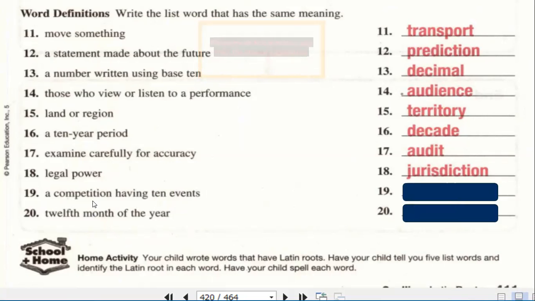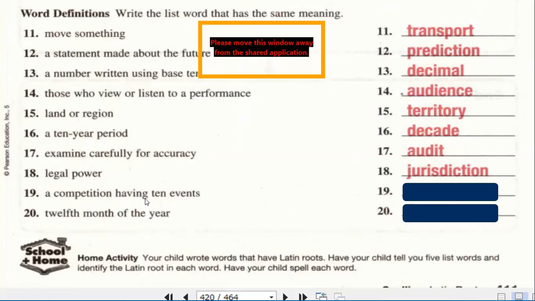Mister, can I answer number 20? I didn't know number 19. Something related to sports. Muhammad Tariq, answer it. Decathlon. Decathlon, yes.